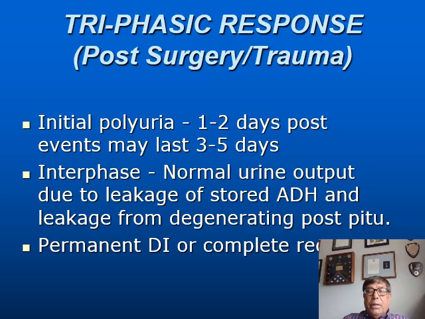That could be due to recovery from the edematous area, or it could be a degenerating posterior pituitary, which was releasing the ADH into the circulation just before dying, and in that case the DI will be permanent or complete.